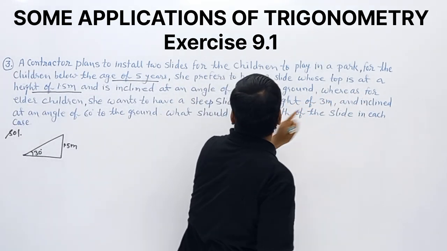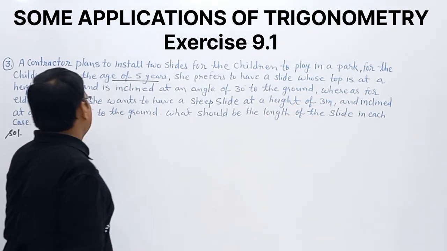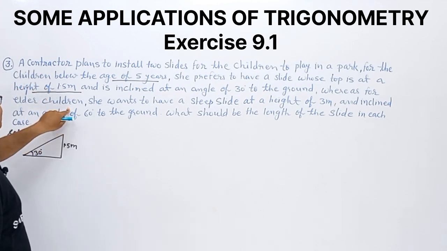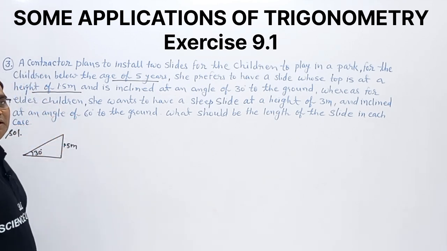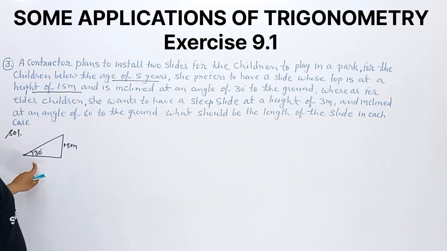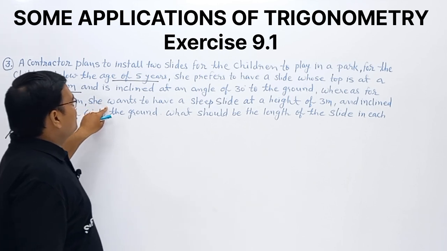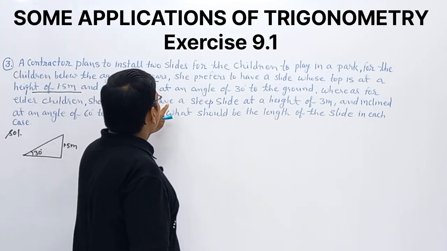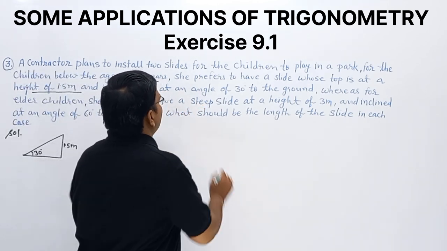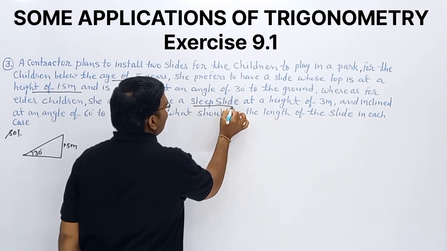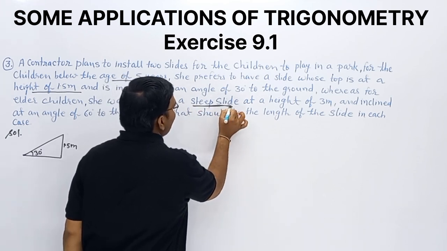Whereas for elder children, this slide is for the below 5 years age children, but for the elder children, the contractor wants to have a steep slide. What is the meaning of steep?